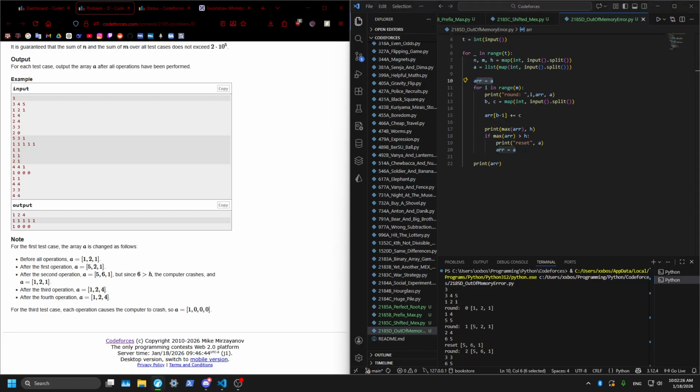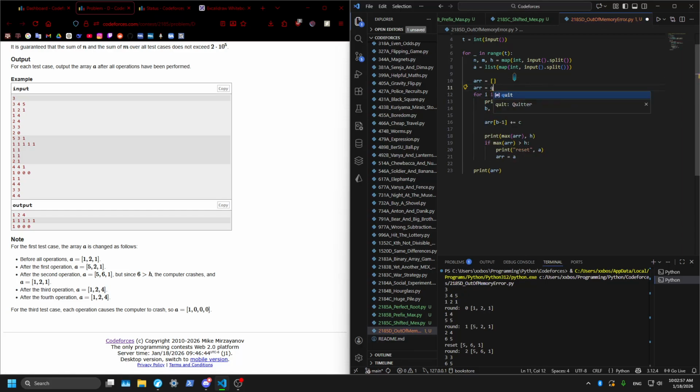Python make copy of list. Python make temp list. But do I have to do it like this and then R equals A or something?